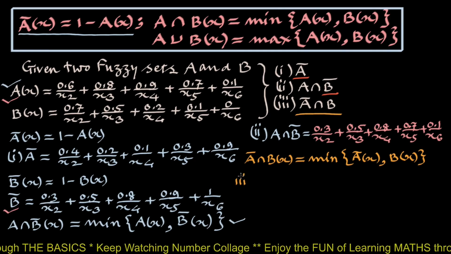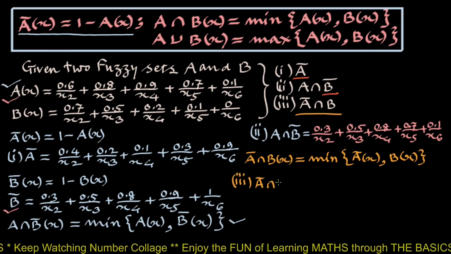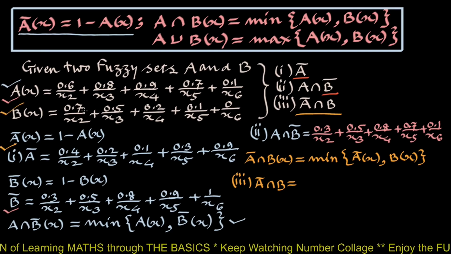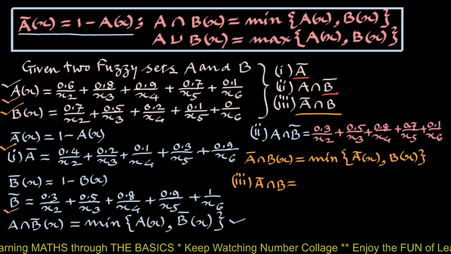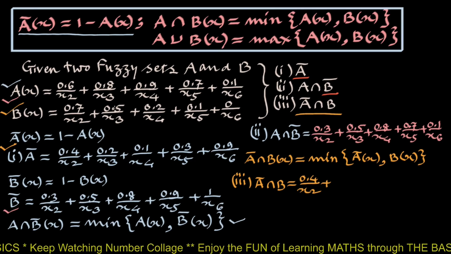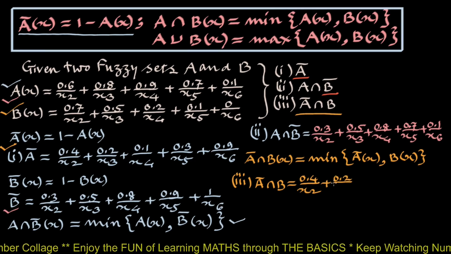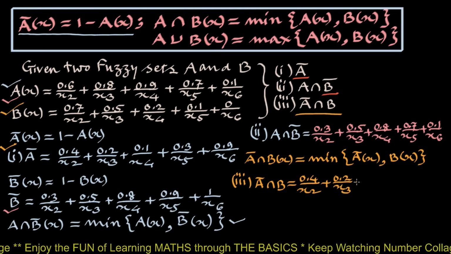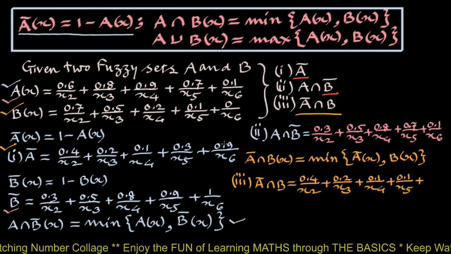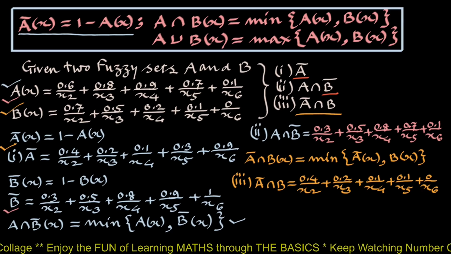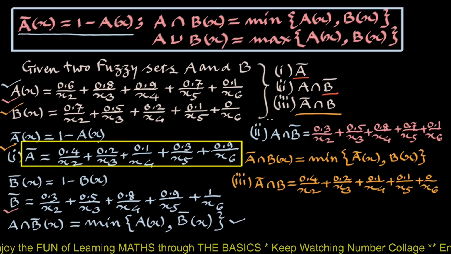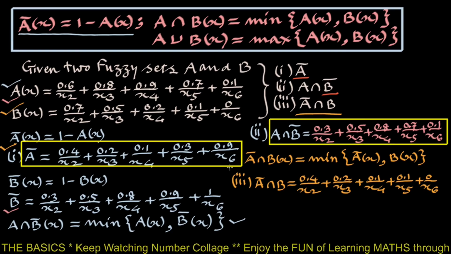Therefore, the answer to the third question, A bar intersection B, from this A bar and this B, will be minimum of 0.7 and 0.4, 0.4 upon x2 plus minimum of 0.5 and 0.2, 0.2 upon x3 plus etc. plus minimum of 0 and 0.9, 0 upon x6. Now we have all the three answers: A bar, A intersection B bar, and A bar intersection B.